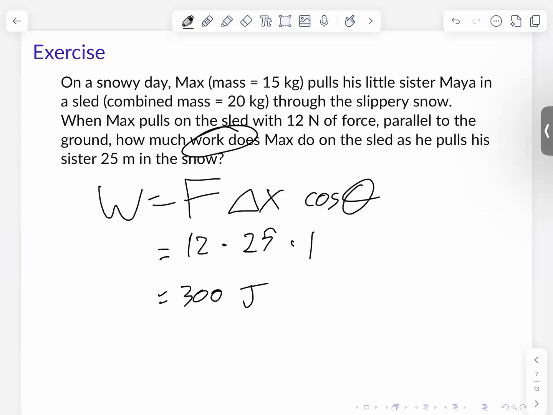Follow-up question: how much work does the weight of Maya and her sled do as she moves? So question C, there is a weight force acting on Maya. You can calculate that. How much work does that do? Find the weight work.